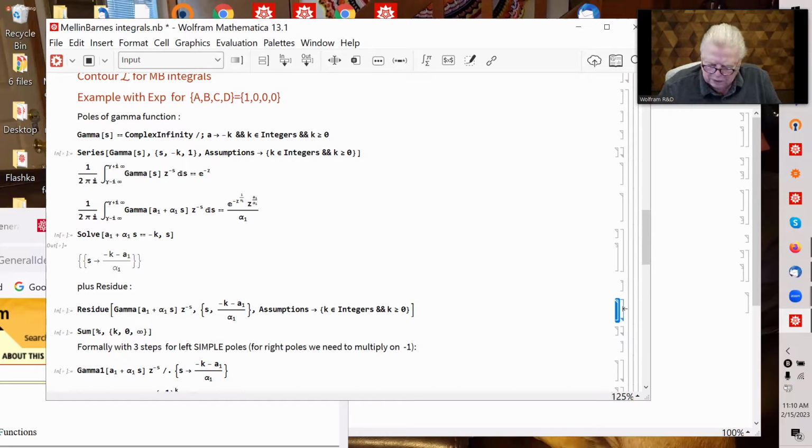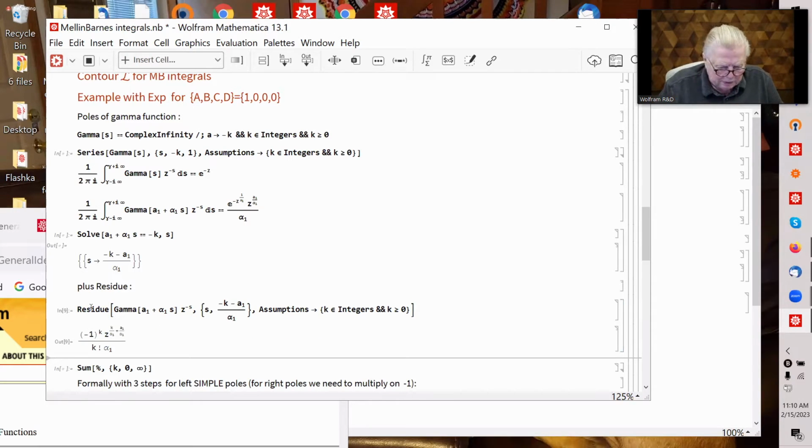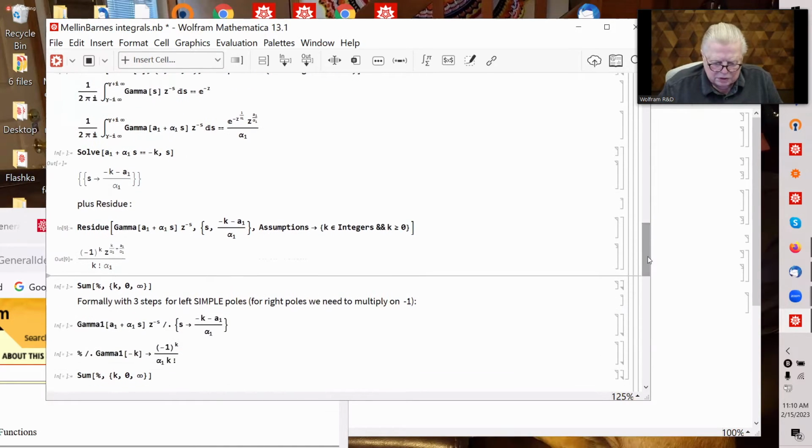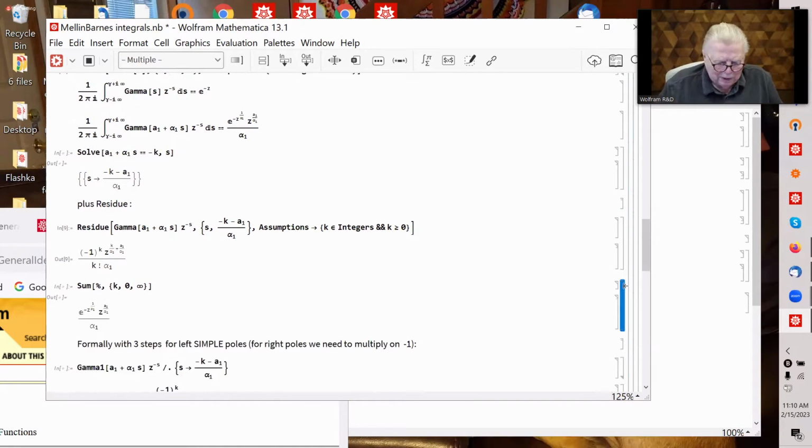And we have this sum of residues, and then summation of this expression gives our exponential with a factor.